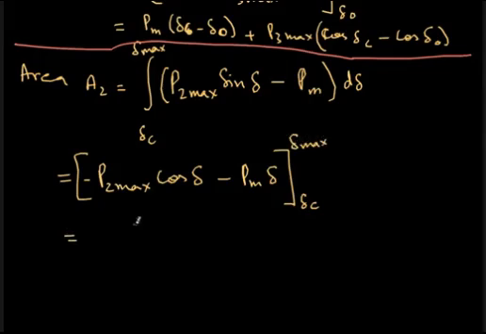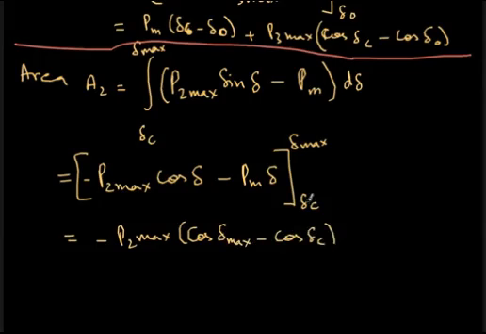Now if I further expand this, I get minus P2 max into cos delta max minus cos of delta C, minus Pm into delta max minus delta C.